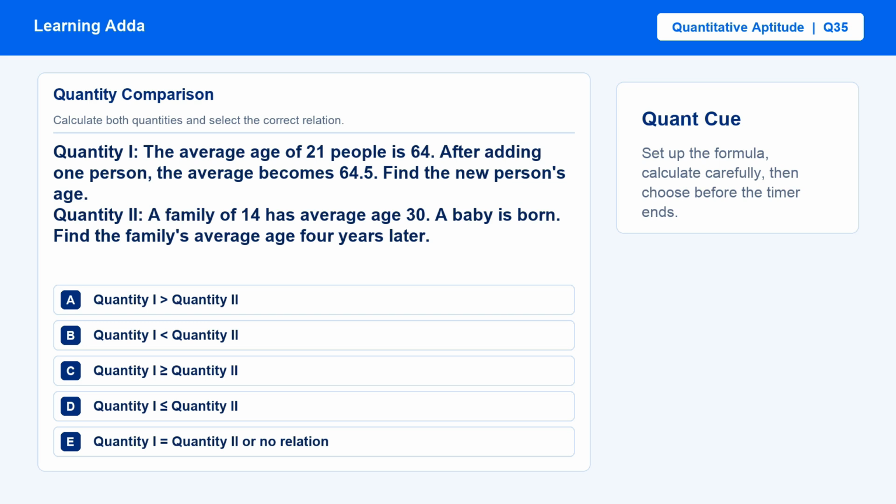Option A, quantity 1 is greater than quantity 2. Option B, quantity 1 is less than quantity 2. Option C, quantity 1 is greater than or equal to quantity 2. Option D, quantity 1 is less than or equal to quantity 2. Option E, quantity 1 is equal to quantity 2 or no relation. The timer starts now.